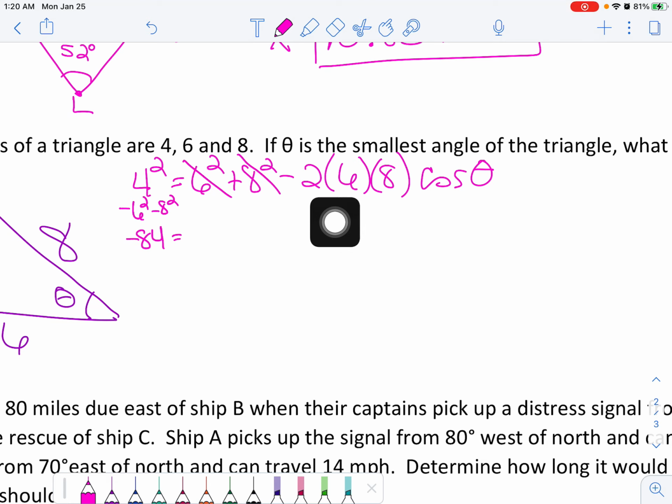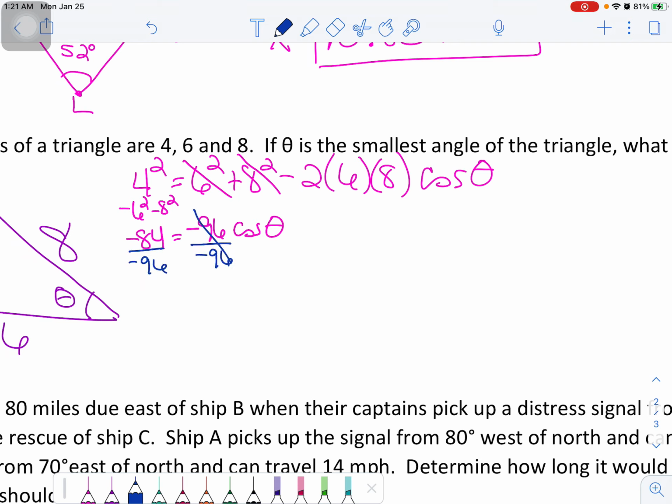And then I'm going to multiply this out. So negative 2 times 8 times 6. Hold on one second, calculator's yelling at me. Too many buttons to hit. Okay, there we go. So negative 96 cosine of theta. I'm going to divide both sides by negative 96.